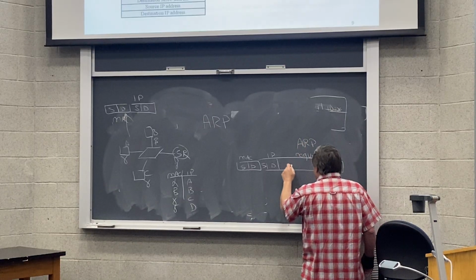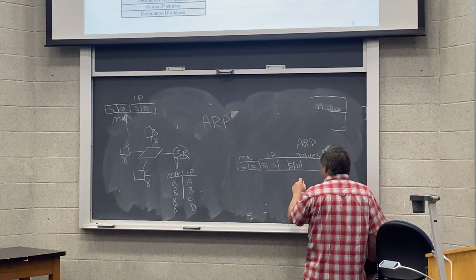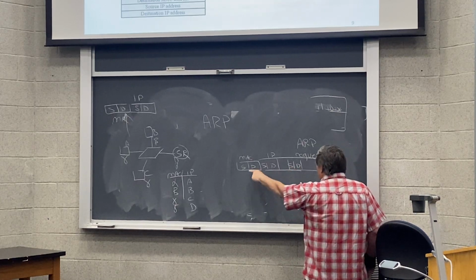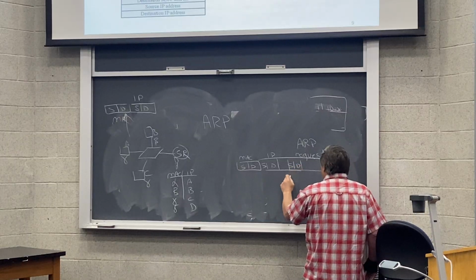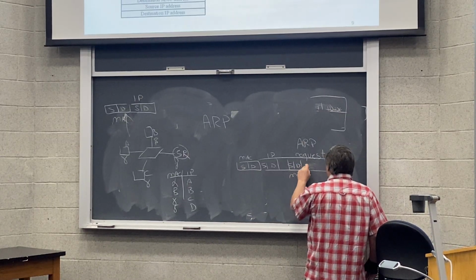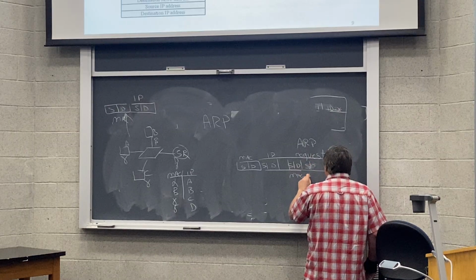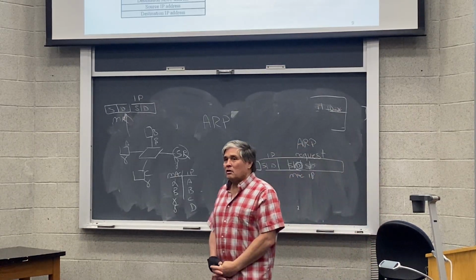In it, the MAC source is part of the payload. This is payload, it's not used for actually addressing. It has the MAC source and destination, the IP source and destination, and then this field is blank. The destination MAC is blank.